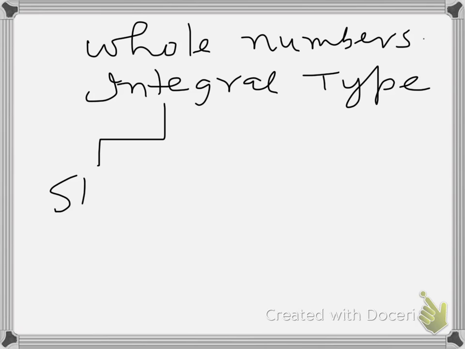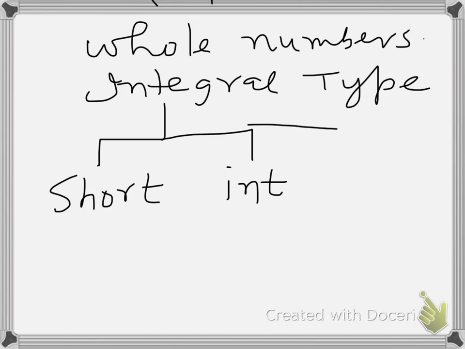These types are short, something called an int, short for integer, and another one called long.